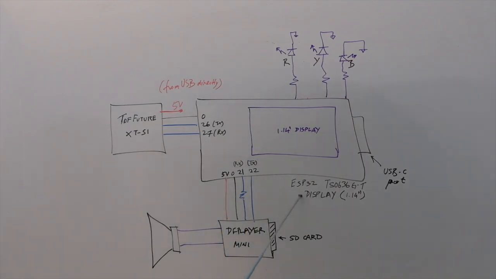So this ESP32 is programmed through this USB-C port. It also provides the power for the rest of the peripherals out here. The main thing is the sensor, which is the TOF Future XTS1 sensor. It's 0.3 meters to 30 meters distance, 30 meters under good conditions, 90% reflectivity.